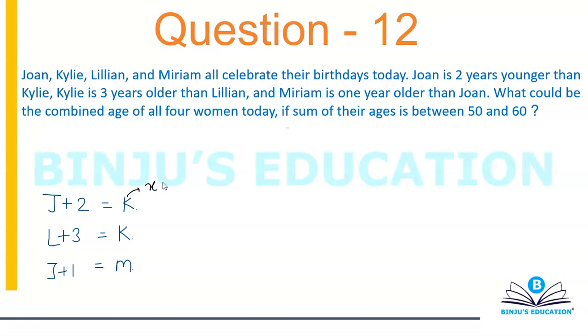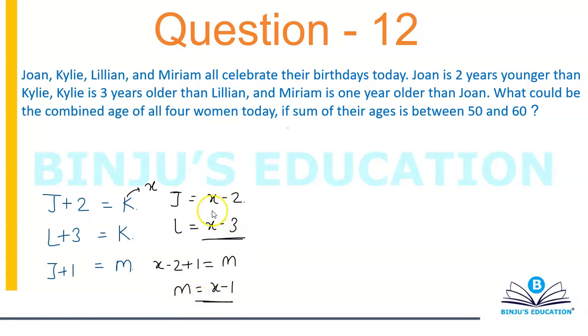If I take K to be X, then J will become X minus 2 and L will become X minus 3, and if J is X minus 2, then X minus 2 plus 1 is equal to M, or you can say M will be X minus 1. So I have the ages of all four of them in terms of X.